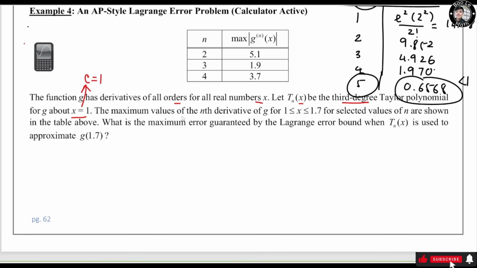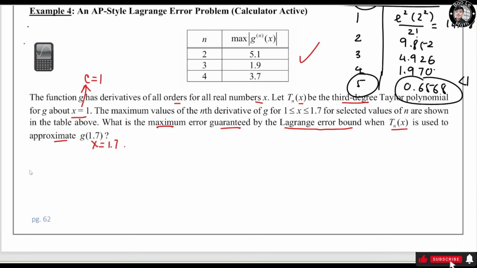The maximum values of the n-th derivative of g for s between 1 and 1.7 for selected values of n are shown in the table right here. What is the maximum error guaranteed by the Lagrange Error Bound when t sub n of s is used to approximate g of 1.7?